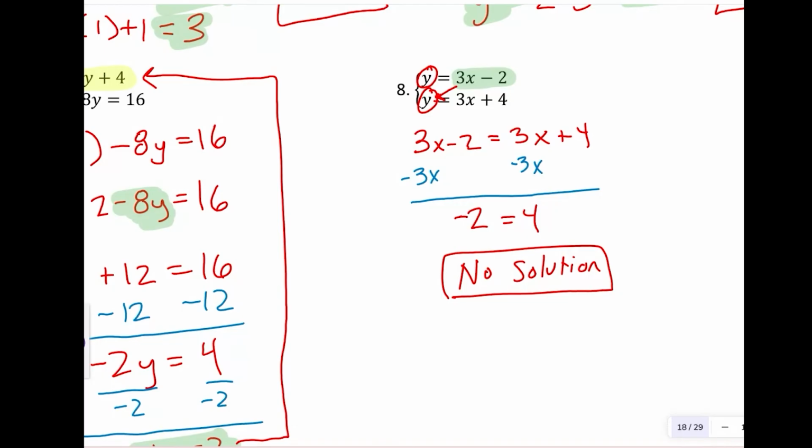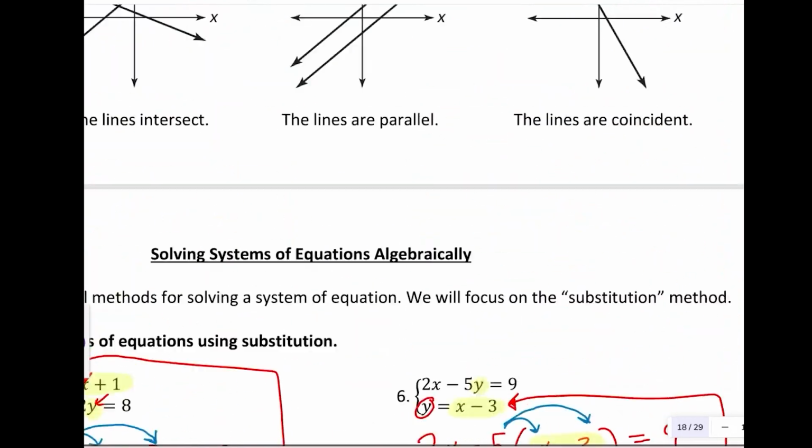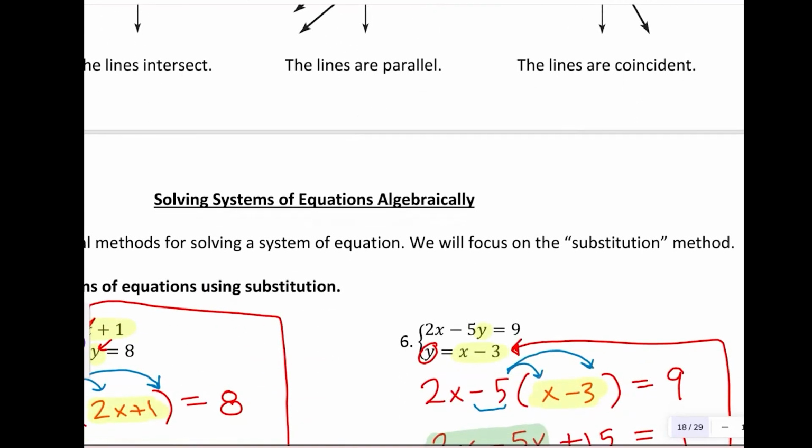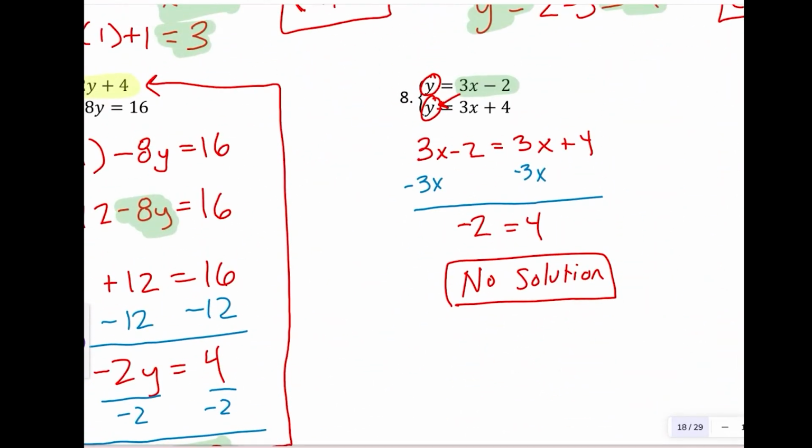And if you take a closer look at those equations, that makes sense, because if you look back to these graphs we had before, the scenario where there is no solution is the one where the two lines are parallel. And both equations have the same slope, just different y-intercepts. I'm not going to ask you to graph this, but to illustrate the point, one has a y-intercept of -2 and a slope of 3.